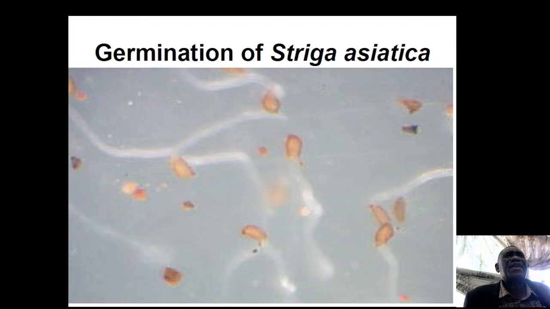So this is the germination of Striga asiatica under a microscope. You can see these under a microscope. These are the seeds and the white radicles which are searching for the host. These are the radicles which get attached to the roots of the host.